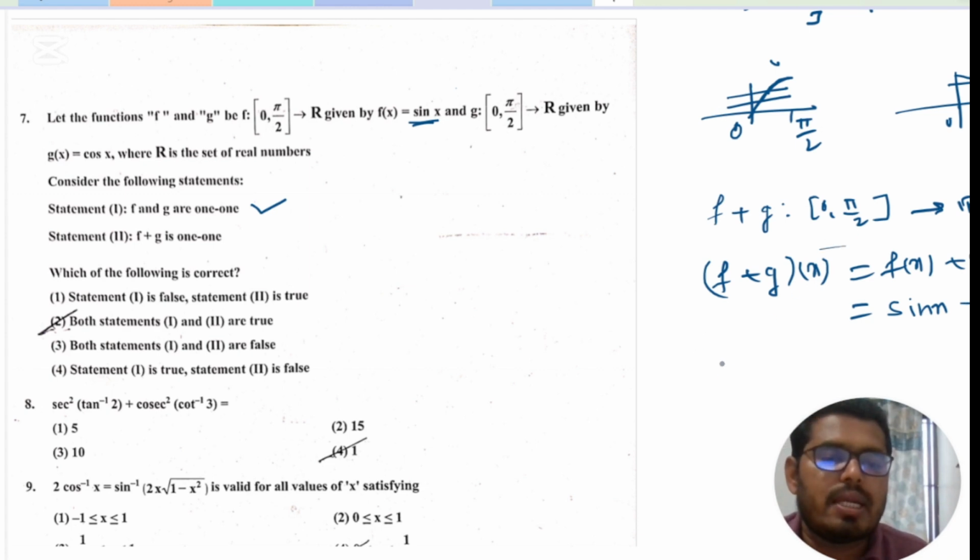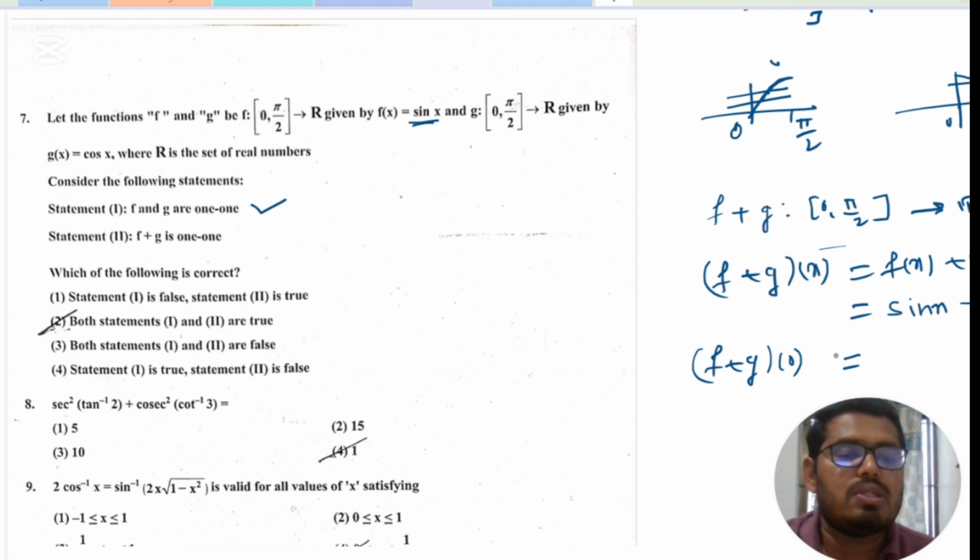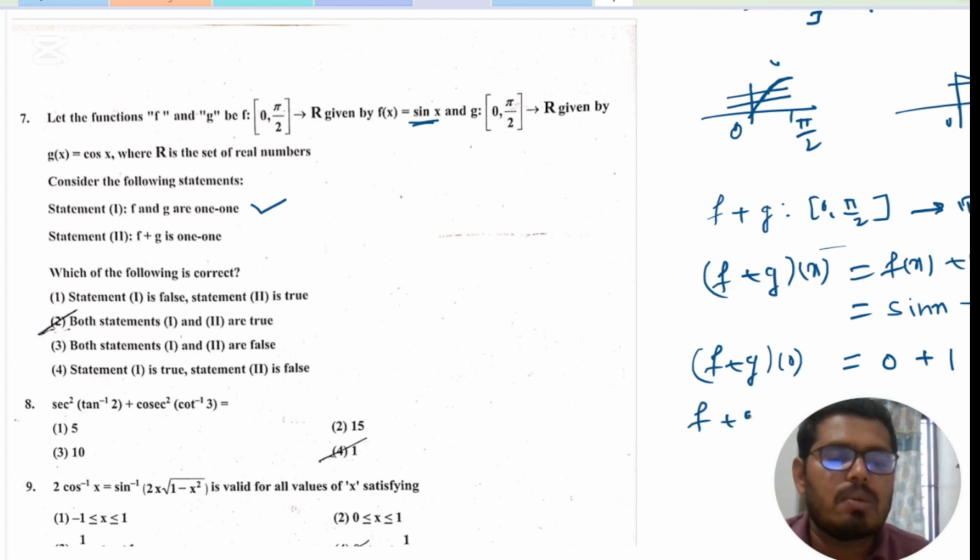If you check, what is f plus g of 0? f plus g of 0 is sin 0, which is 0, plus cos 0, which is 1, equal to 1. Then what about f plus g of pi by 2? sin pi by 2 is 1 plus cos pi by 2 is 0, equal to 1. If you observe here, two distinct elements have the same images.